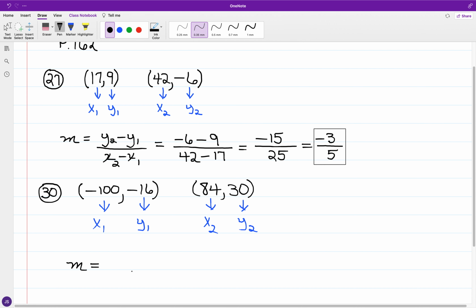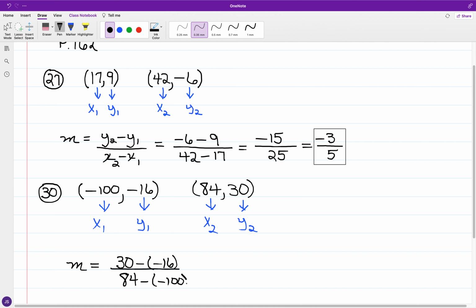And once again, applying the same formula, we have y2 minus y1, so this will become 30 minus negative 16, and for x2 minus x1, we're going to have 84 minus negative 100.